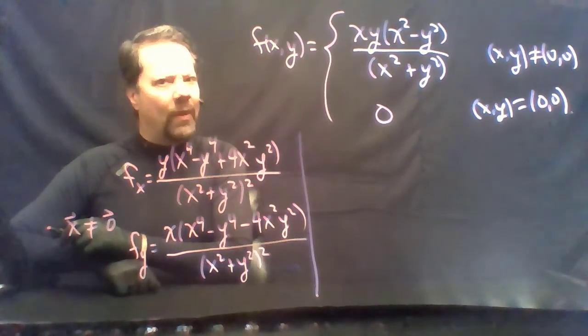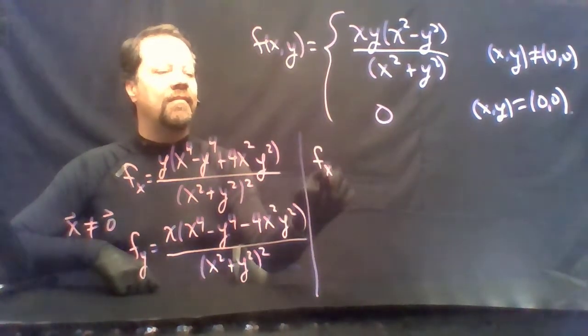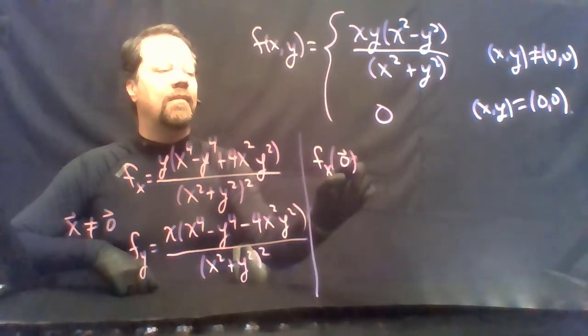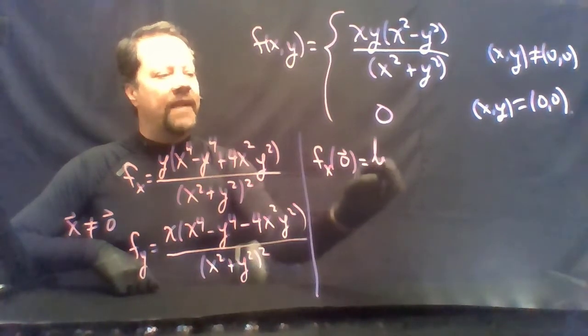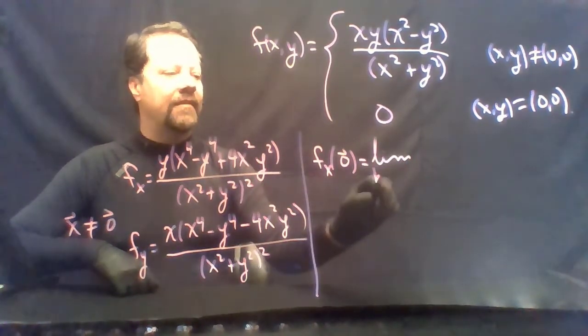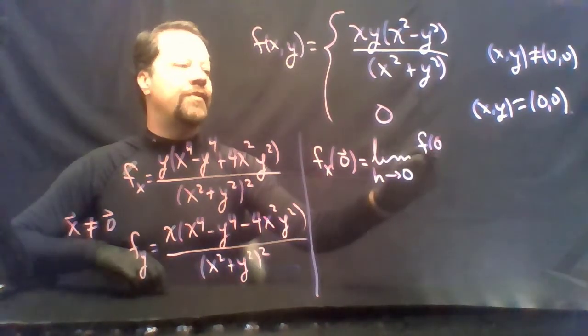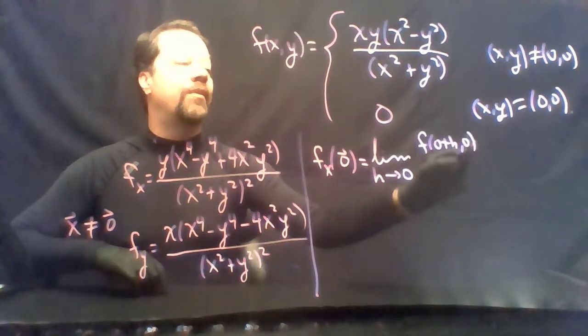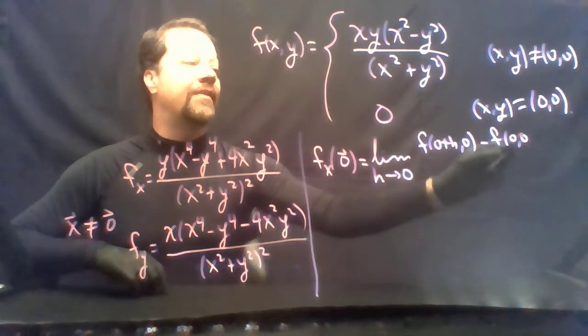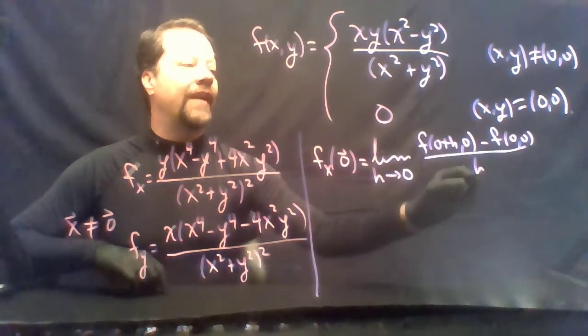Question is, what happens at the origin? We have to resort to the definition. That's the limit as h goes to 0 of f of (0 plus h, 0) minus f of (0, 0) over h.